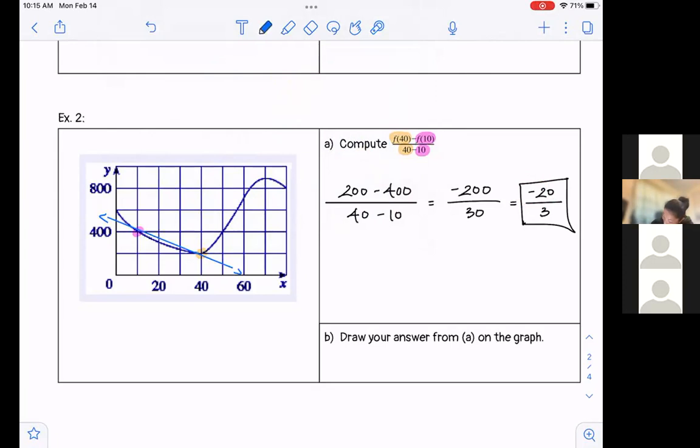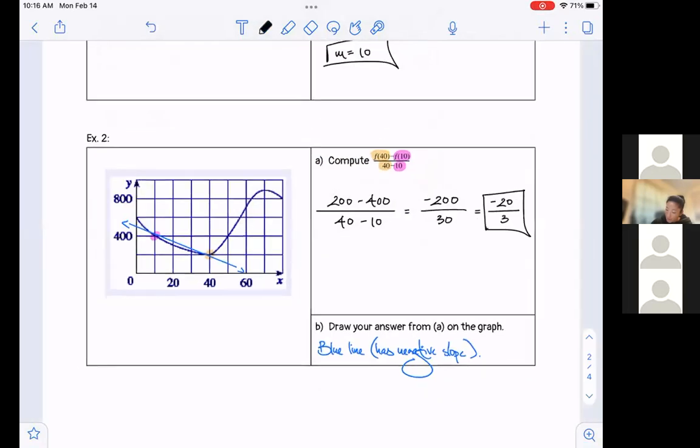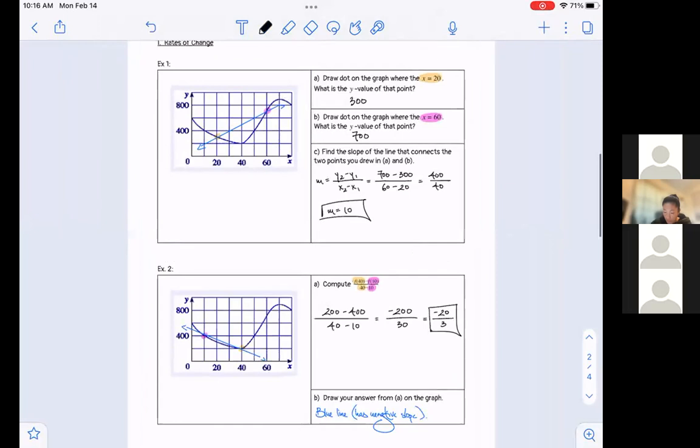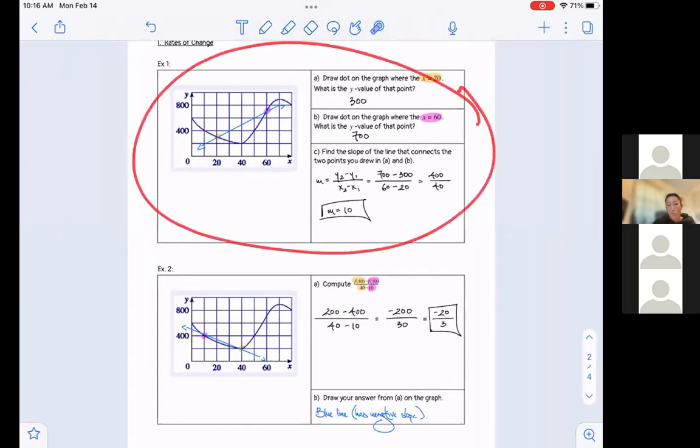All right, so this is the blue line and it has negative slope. Okay. All right, so very classic feel to calculus here, where we know how to do things in a particular way, right?